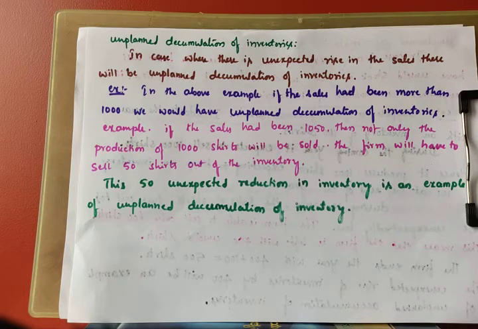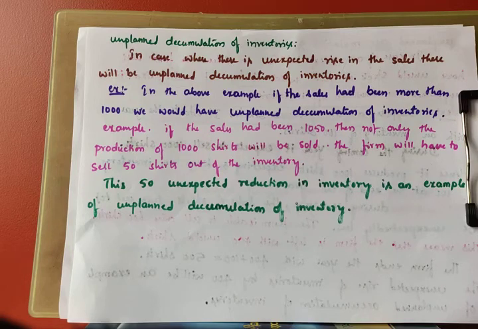This is very important for 4 marks. Unplanned accumulation of inventories and unplanned decumulation of inventories will come for 4 marks. Up to this point we covered unplanned accumulation and unplanned decumulation of inventories.